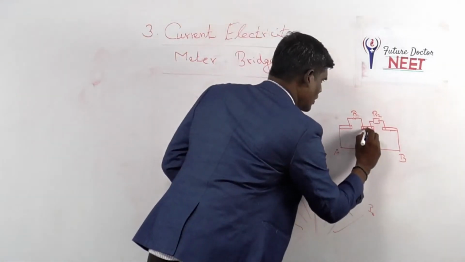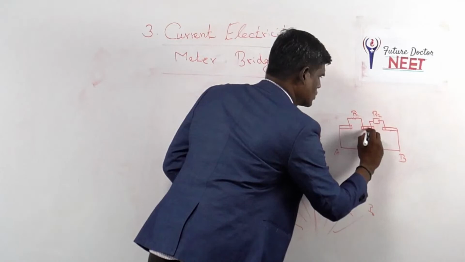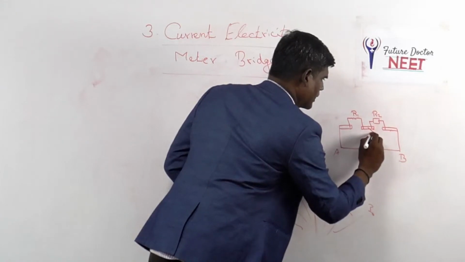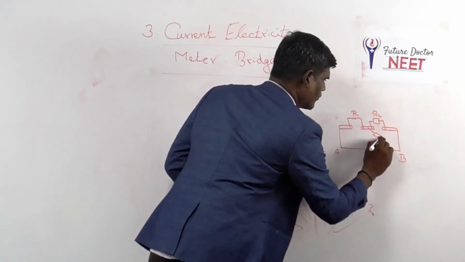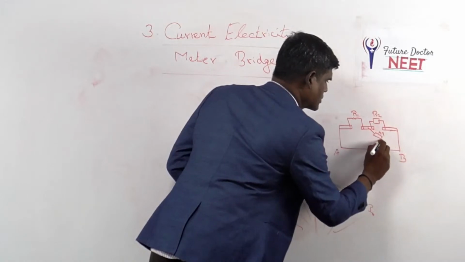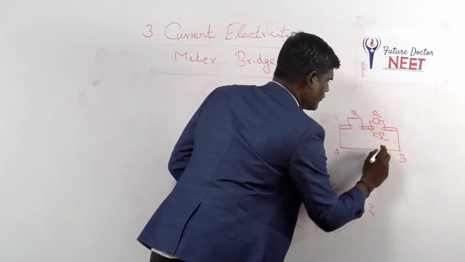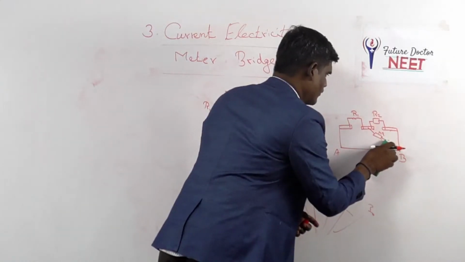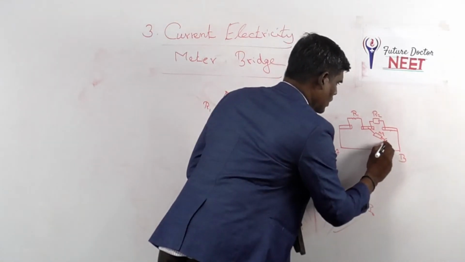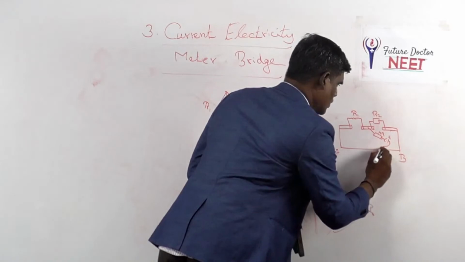And here there will be one more circuit connected to high resistance, key and jockey.